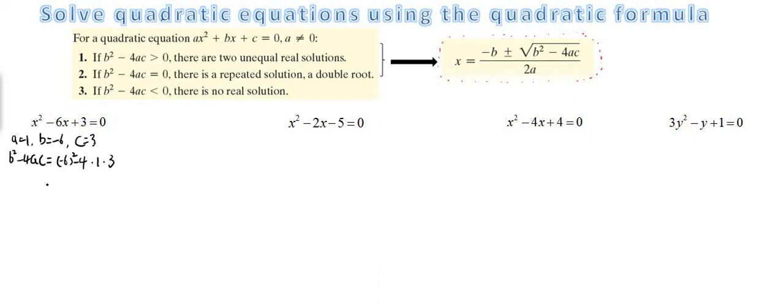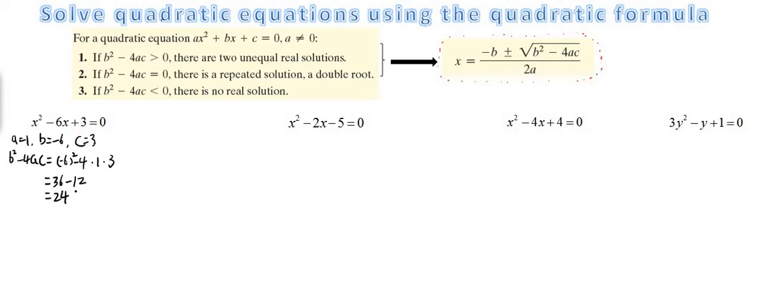Negative 6 squared means negative 6 times negative 6, positive 36, minus 4 times 1 times 3, which is 12. So that equals 24.